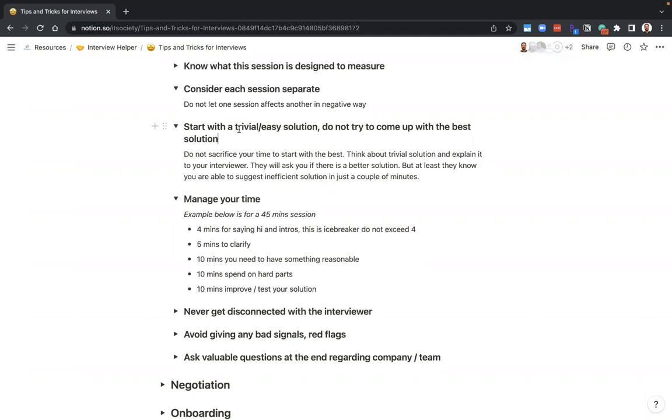Don't do this. Do not hesitate. Just tell them, my first, trivial solution would be like this, but don't start coding because it's trivial. But say something trivial if you are able to in the first minute.